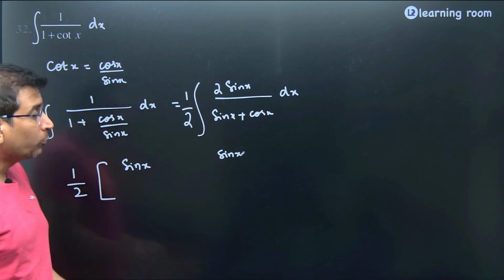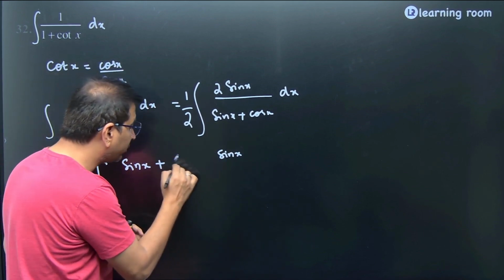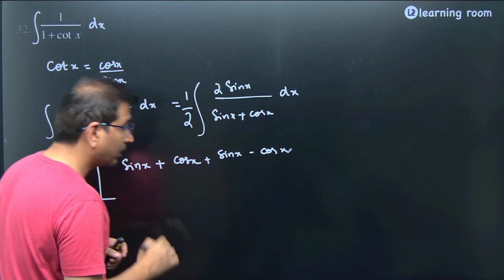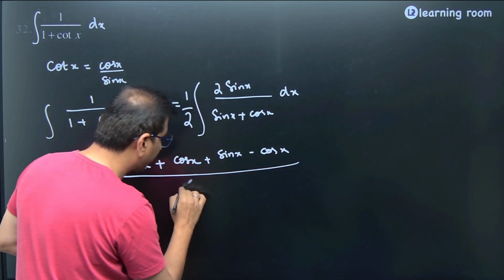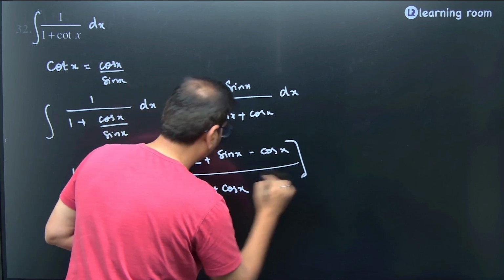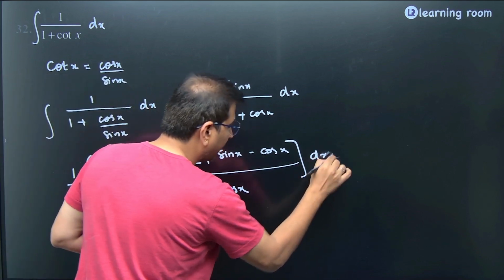So to replicate the denominator, I am going to add a cos x and subtract a cos x, the whole divided by sin x plus cos x, so integral of this value times dx.